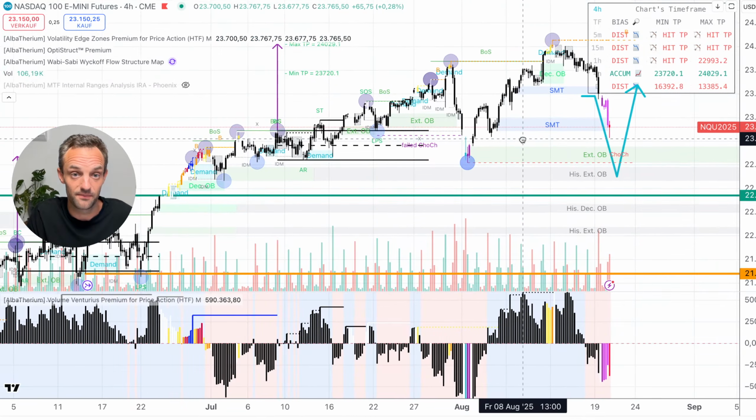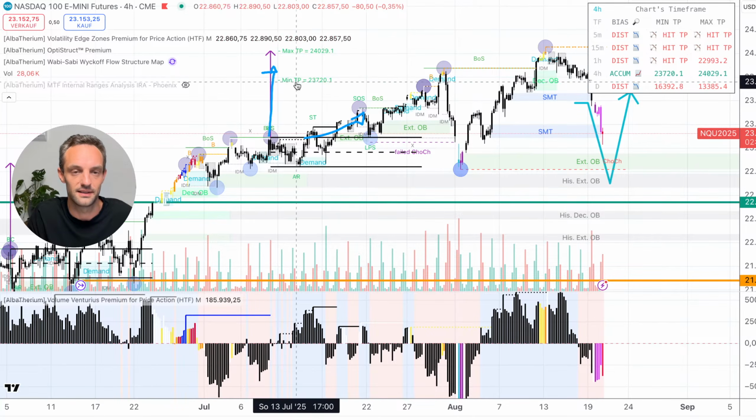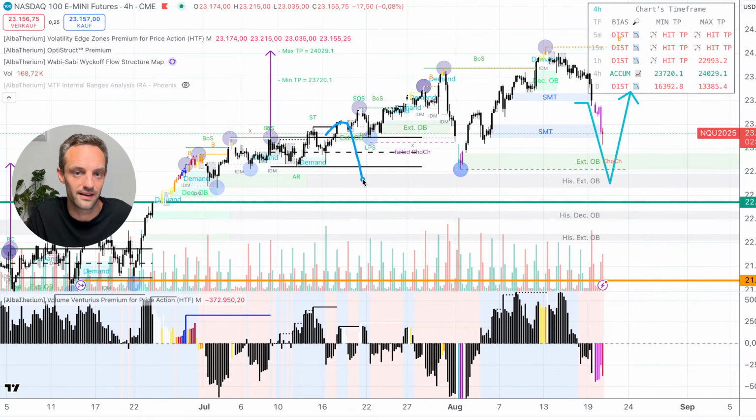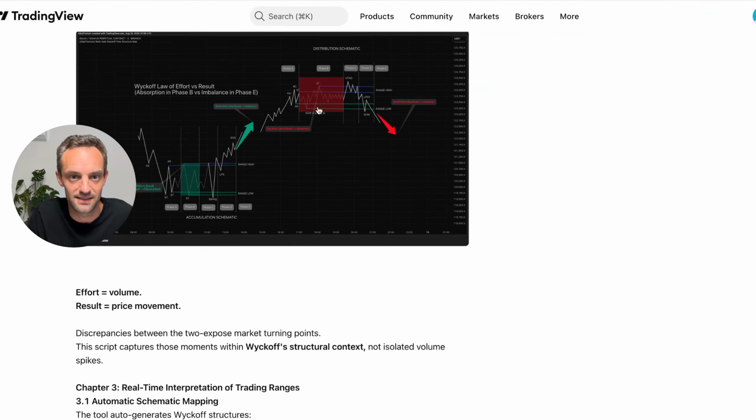What happens then is that, as mentioned, when the price breaks out of the range, it will point this arrow, the target. But of course, sometimes we get back into the range, we get another fake to the downside. Everything of this is explained with the A, B, C, and D phases.